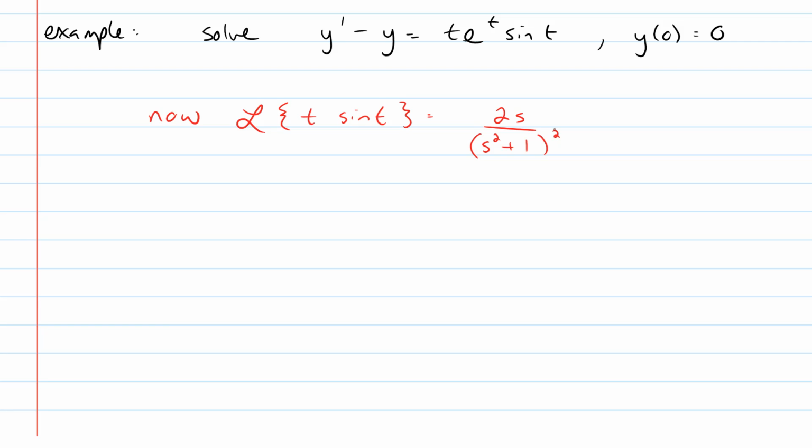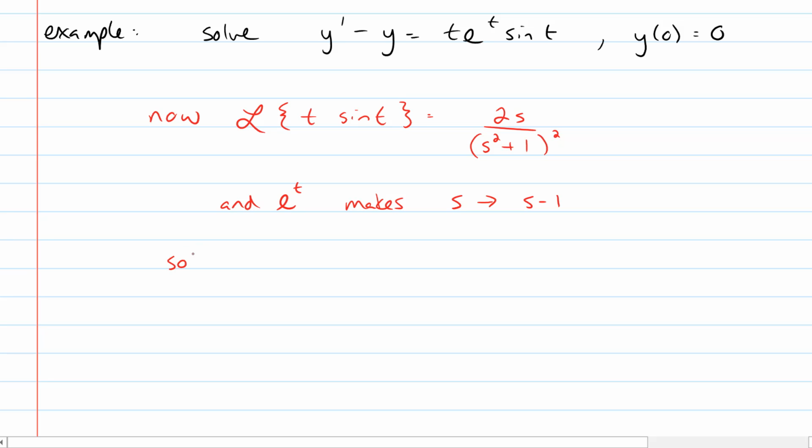And what we're then going to consider, we've now got almost all of the parts of the right-hand side, and the e to the t part, which we've omitted thus far, makes every instance of s get replaced by s minus 1, because multiplying a function by e to the at shifts its Laplace transform by s minus a.